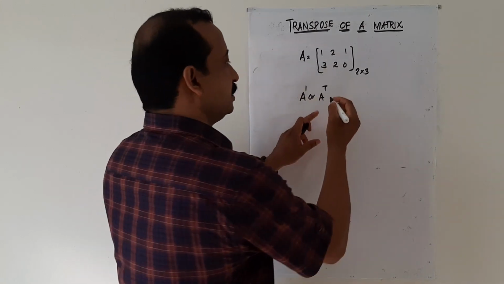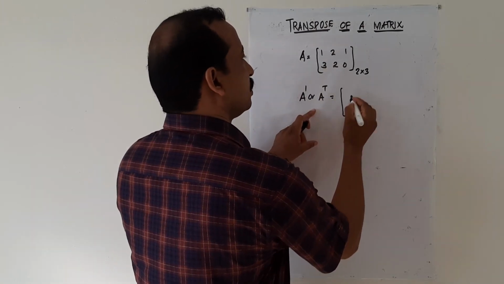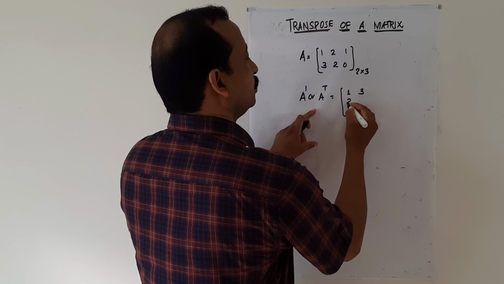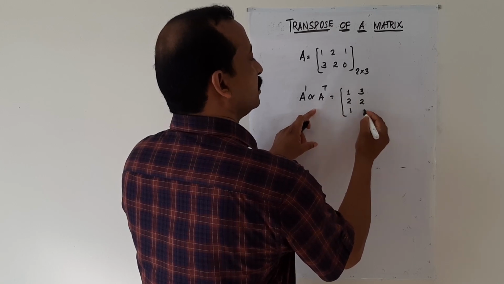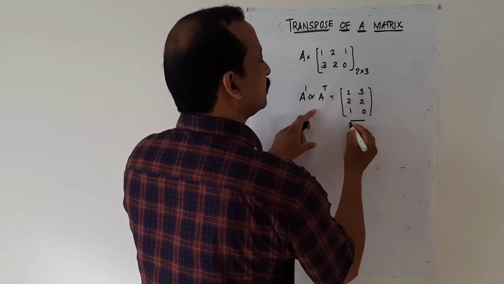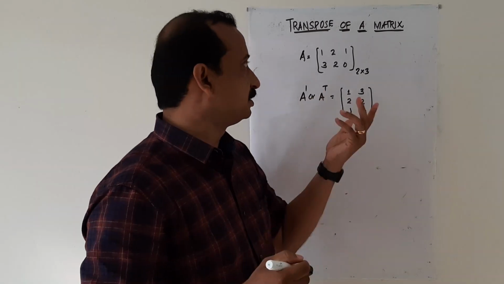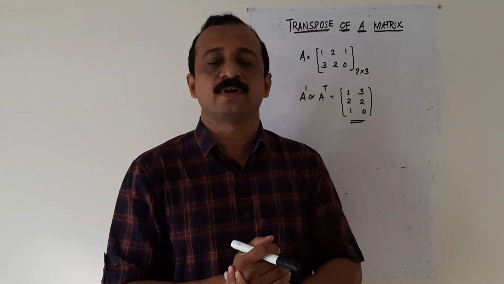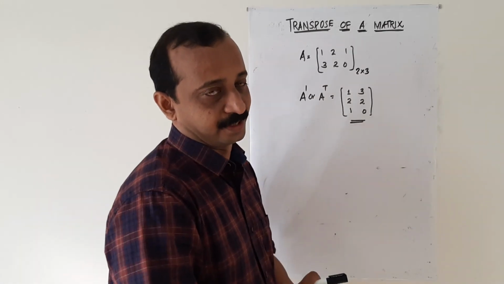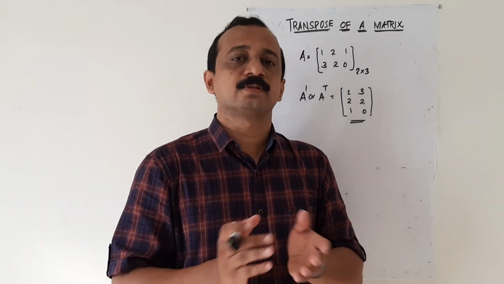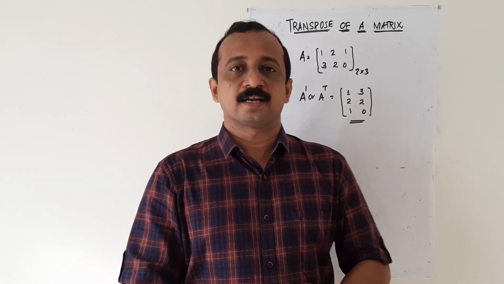A dash or A raised to T is equal to [1, 3; 2, 2; 1, 0]. That is called the transpose. That means interchanging rows and columns of a matrix is called the transpose of a matrix.